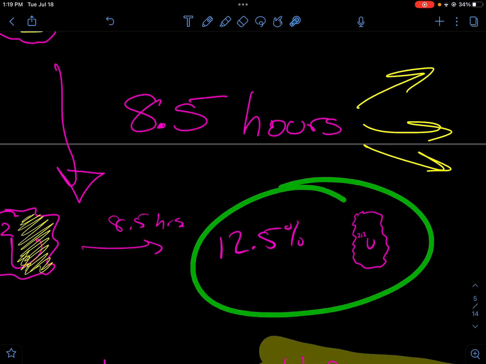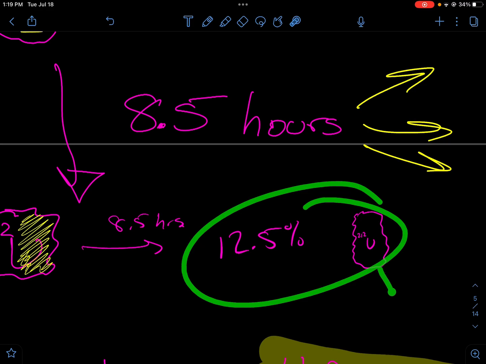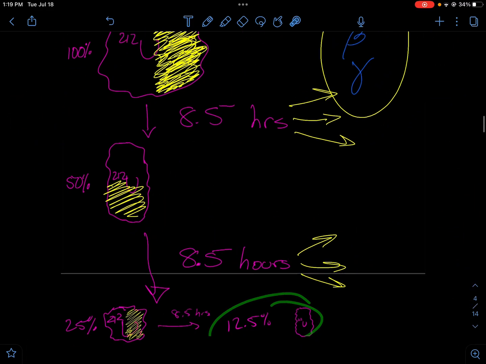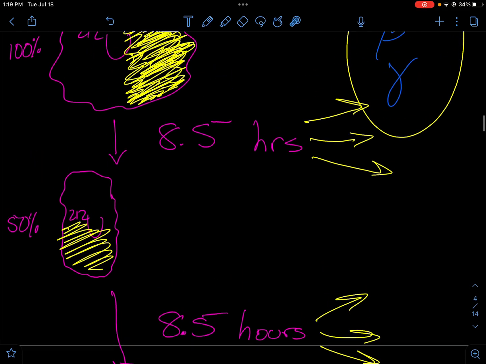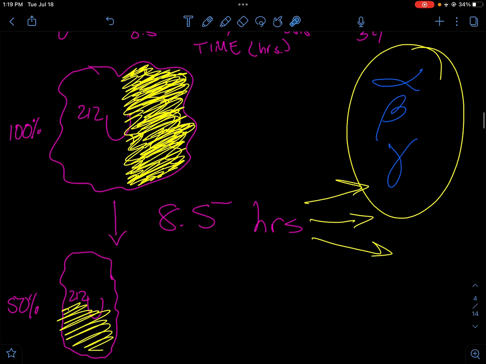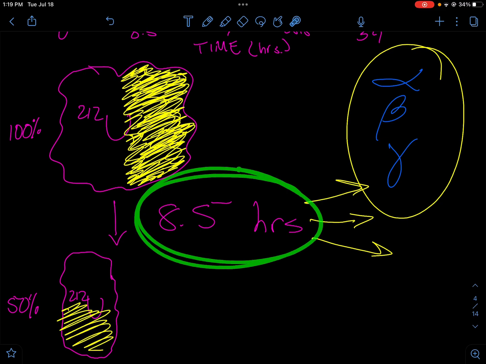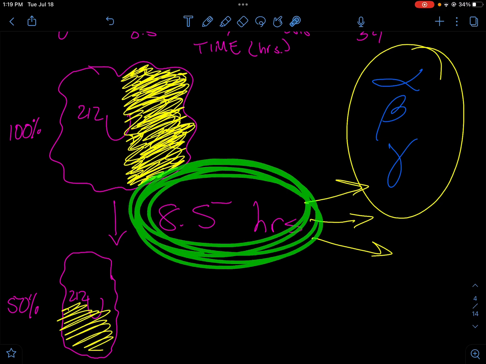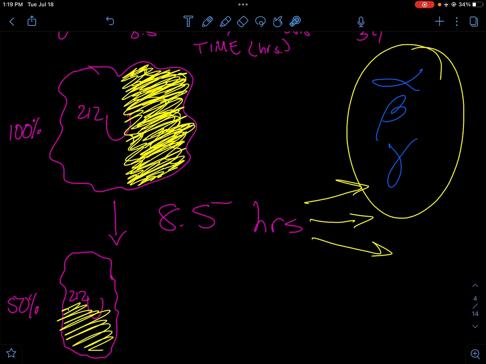Then after another 8.5 hours, it's going to be left with 6.25% of the original 100%, and so on and so forth. And that is what we call a half-life. A half-life is the amount of time, in this case 8.5 hours, it takes for half of your radioactive material to decay.